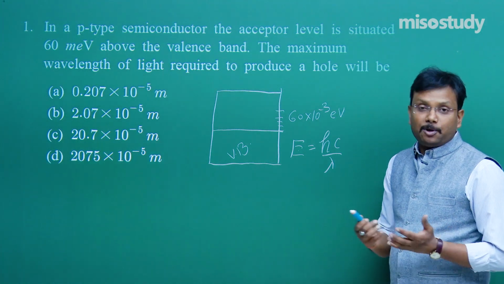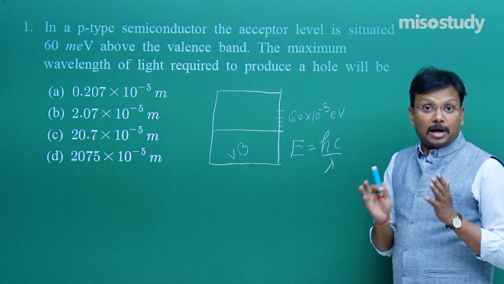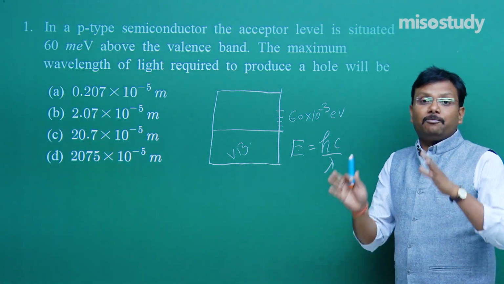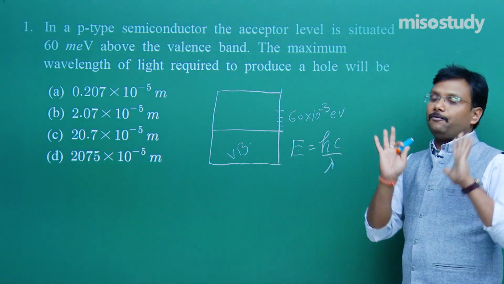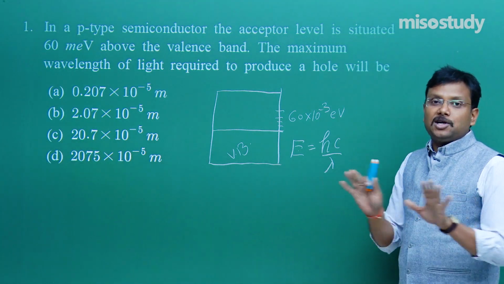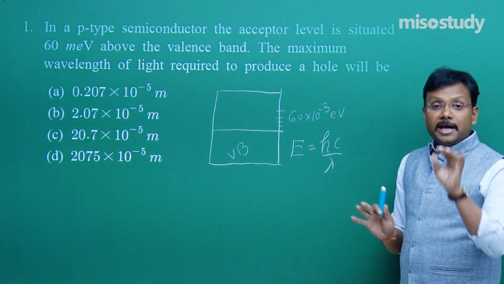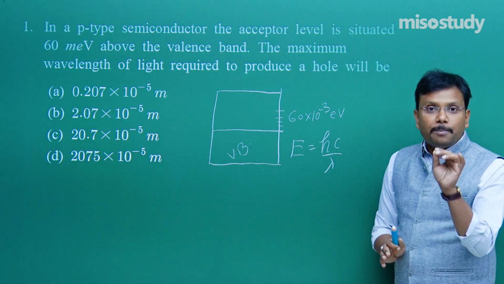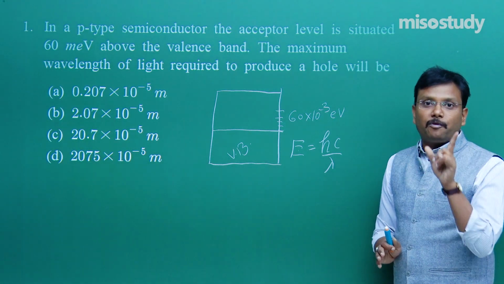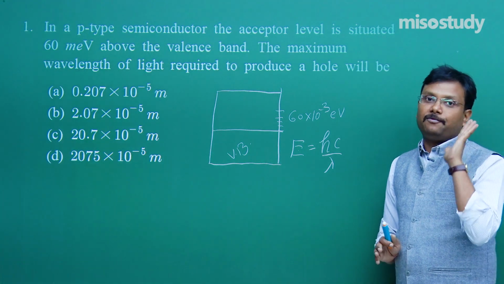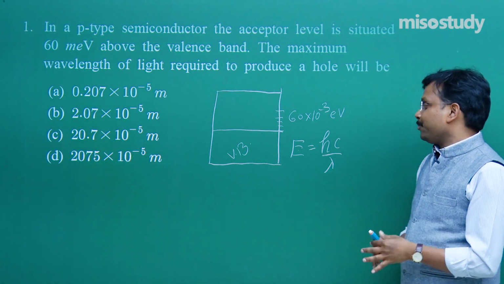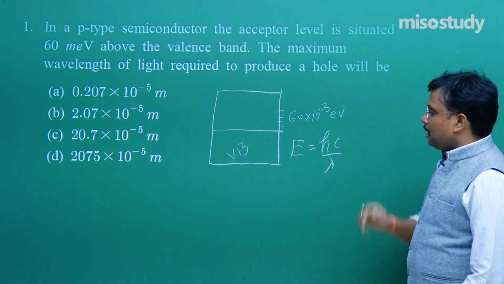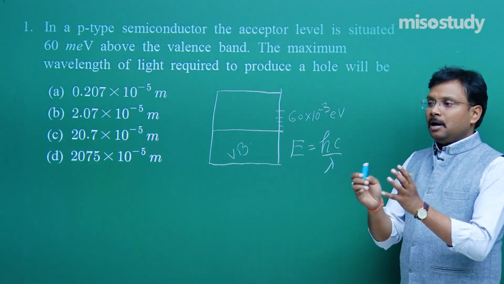No scope for a calculator, because no calculator, no device is allowed even to carry inside the examination center. Forget about the examination hall. No mobile, no pager, no calculator, nothing. Even in the JEE main exam, you cannot carry your own pen or pencil. They will provide it. Only the admit card.